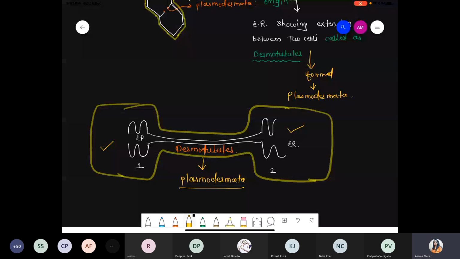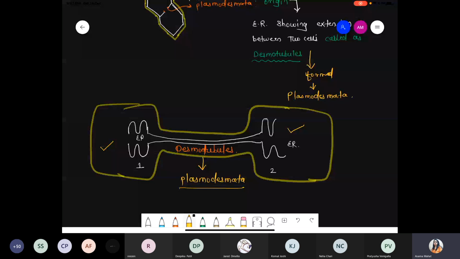To maintain the plasmodesmata structure, desmotubules also play a very important role. What is the meaning of the desmotubules? They come from the endoplasmic reticulum, which is made up of plasma membrane. That plasma membrane of the endoplasmic reticulum shows extension. Two endoplasmic reticulums join with each other, and with the help of that condition they form a typical structure called the desmotubule.